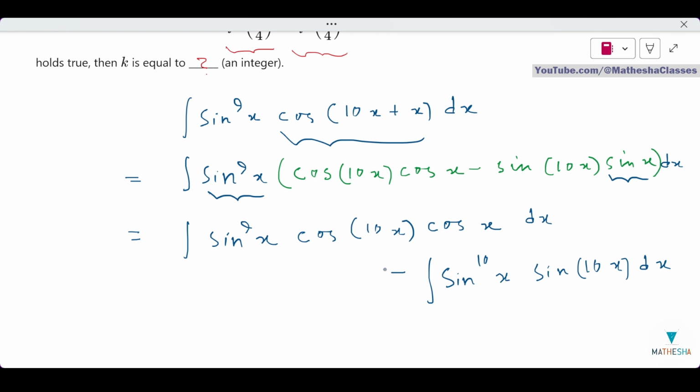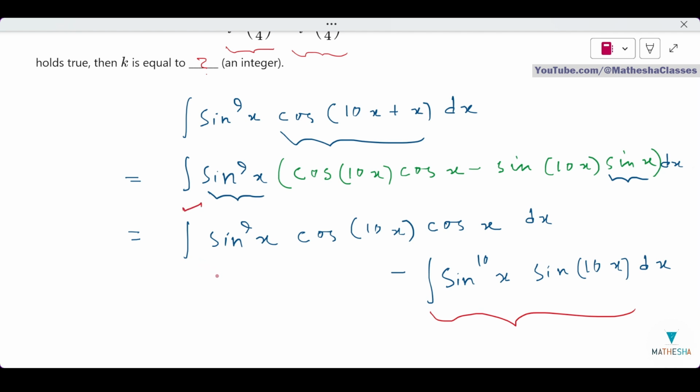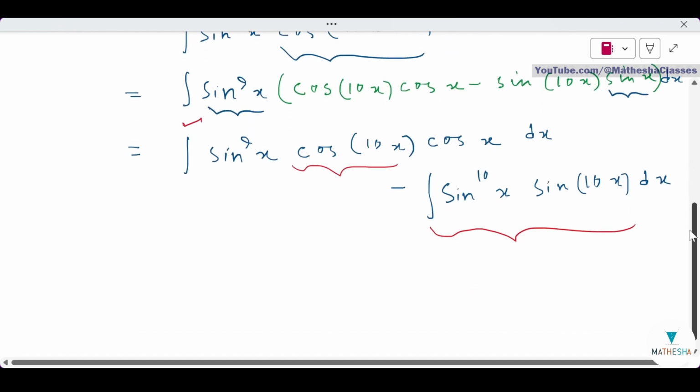Now for the time being, what we'll do, we'll keep the second term as it is and integrate the first one by parts. And why we'll be doing this, we'll use cos 10x as the first term and rest as the second term.